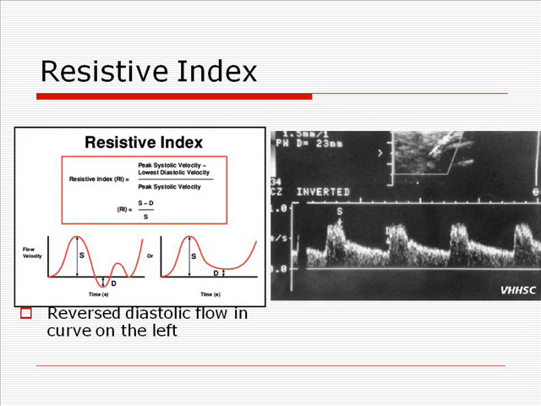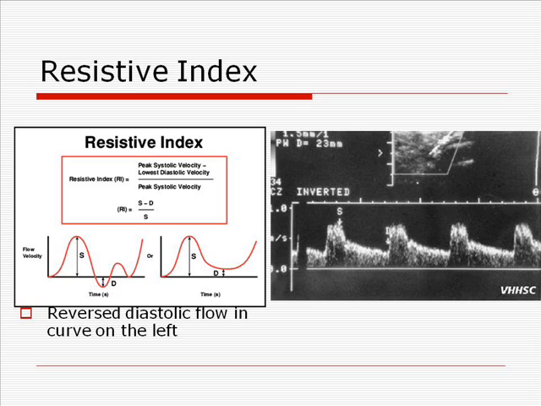Some quick information about the resistive index. It's defined as the peak systolic velocity minus end diastolic velocity, all over the peak systolic velocity. In the picture on the left, you can see on the graph in the lower left corner the peak systolic velocity and the peak diastolic velocity. You can note that the diastolic velocity is below the x-axis, and when it's below the x-axis, that indicates reversed diastolic flow in the curve.